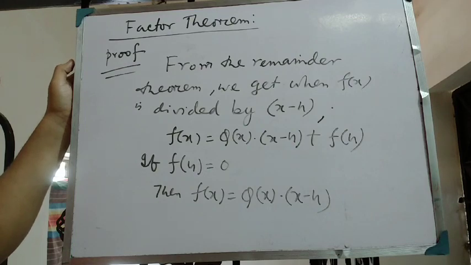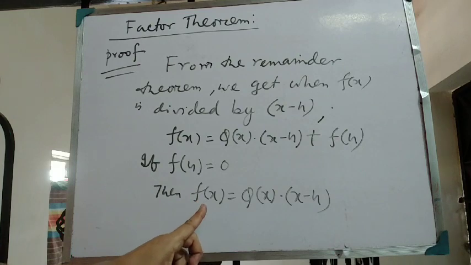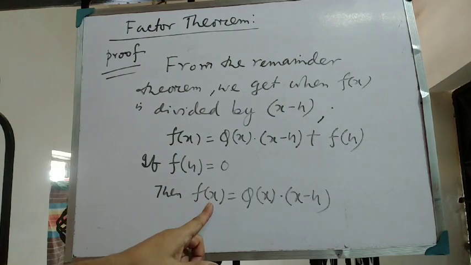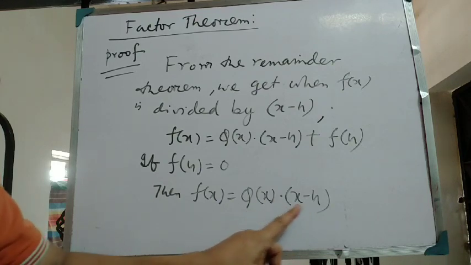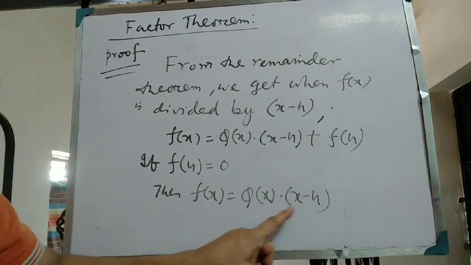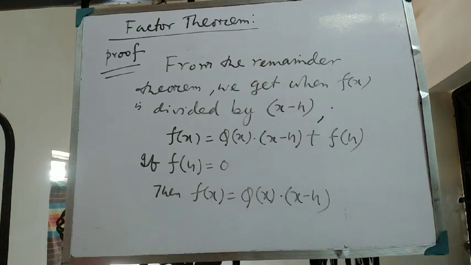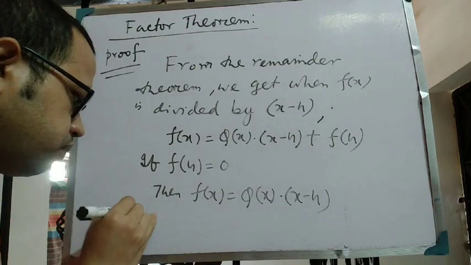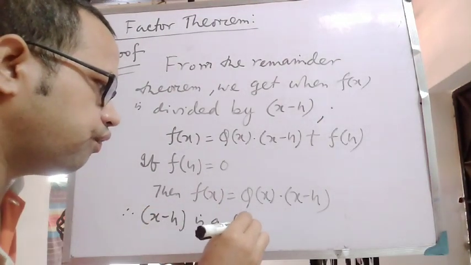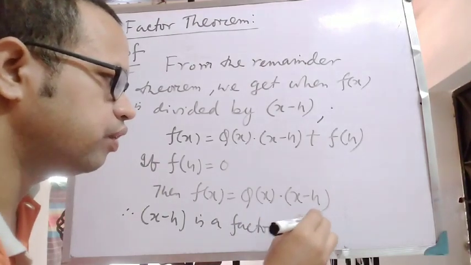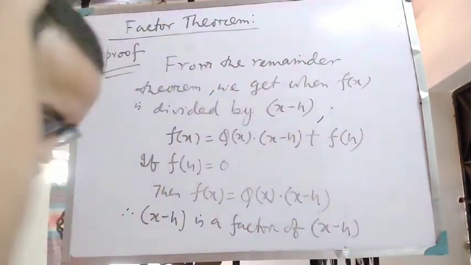In the very first topic, where I discussed the sum, difference and product of two polynomials, I already told you when a polynomial is expressed as a product of two polynomials, then these two polynomials are said to be factors of f(x). So from here you can comment that x minus h is a factor of f(x).